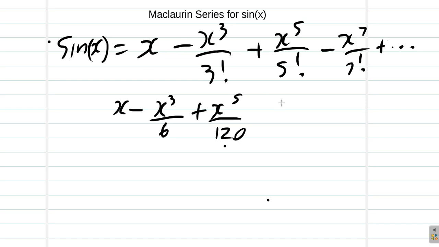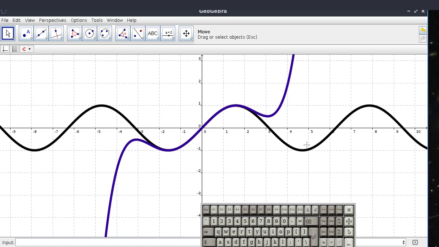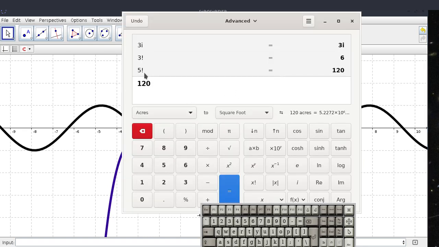Now what about if we minus x to the 7 over 7 factorial? What is 7 factorial again? Let's use our calculator to work that out. So we have 7 factorial equal 5040.